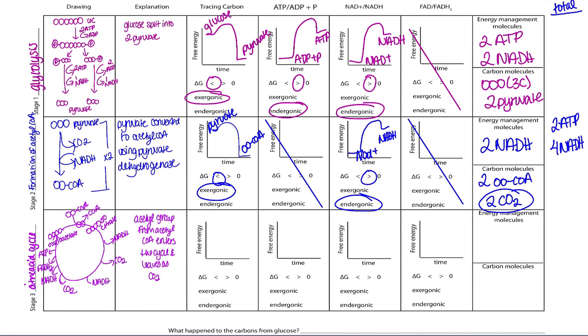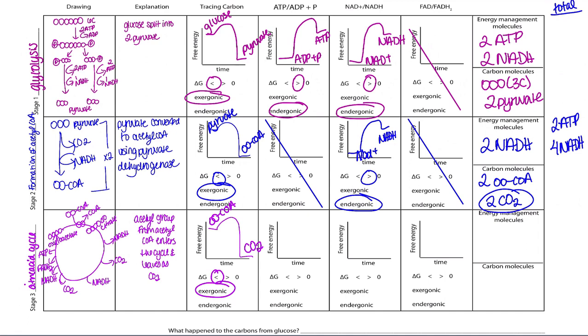So when we have our acetyl-CoA enter and that acetyl group leaves as CO2, this is an exergonic reaction, and so delta G is less than 0. So overall, because it is losing hydrogens, it's losing electrons, this is an oxidation.